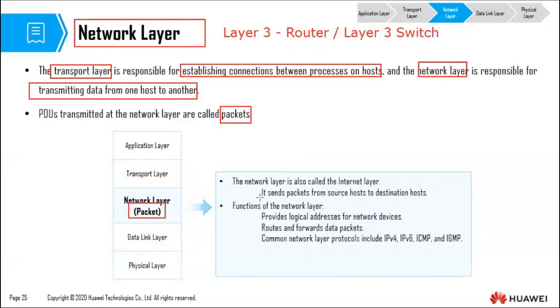The network layer is also called the internet layer. It sends packets from the source to the destination host. Functions of the network layer: number 1, provides logical addressing.